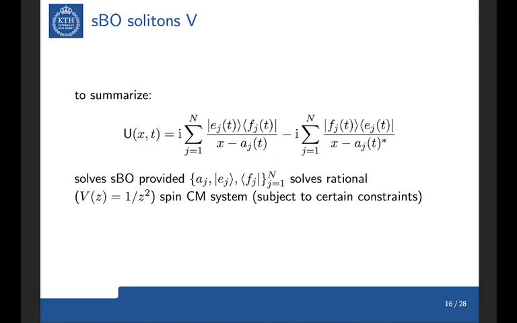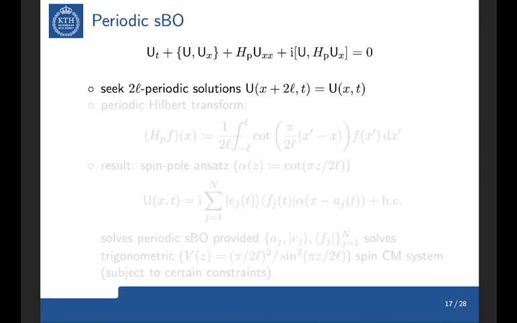So this is the first instance of a soliton spin CM correspondence that I can present today, but there are now several interesting generalizations of this result that I will describe. The first of these is fairly straightforward.